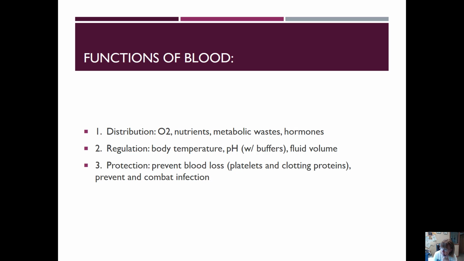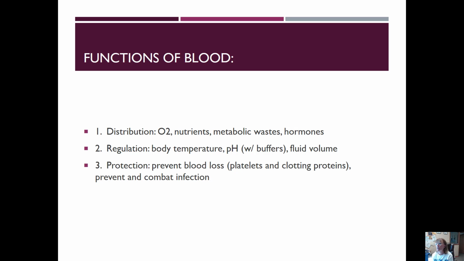Because our blood communicates with the outside and the inside of us, as we take in water through drinking and eating through our digestive tract, it will go into the bloodstream and then be carried to the cells depending on what fluid needs they have, and then any extra fluid will be removed from the body through the kidneys as the blood goes out to the kidneys.